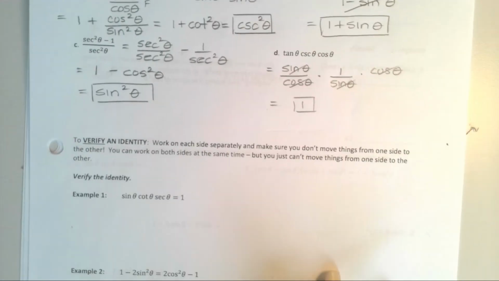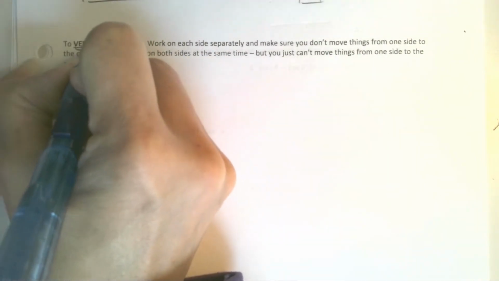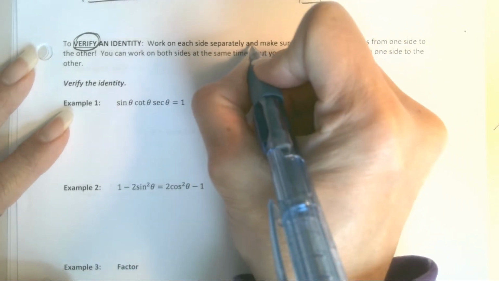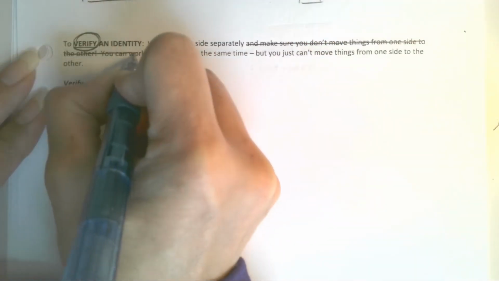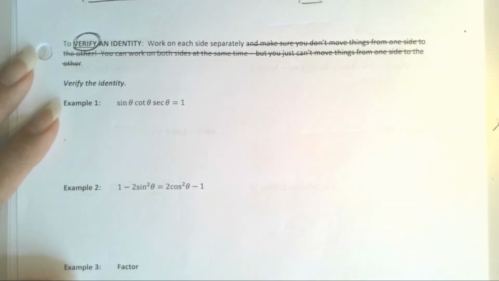Moving a little down to verify an identity. Verification is going to be the primary goal of a lot of your homework problems. And what I want you to do is cross out all of this that I'm crossing out on my page to simplify the directions. I only want you to work on a side separate from the others.